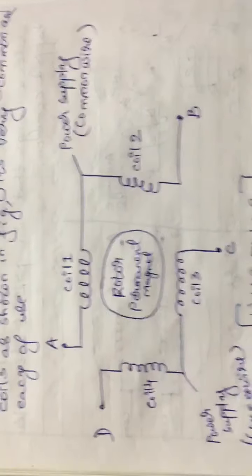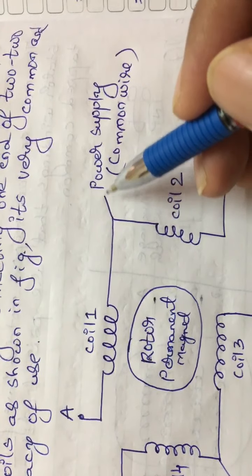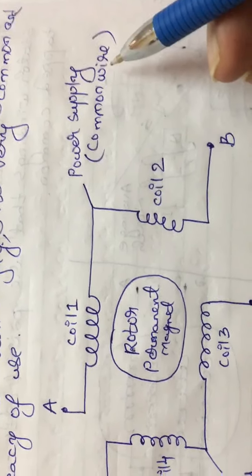Here there will be a rotor, that is a permanent magnet, and coil 1, coil 2, coil 3, coil 4 will be the coils surrounding this rotor magnet. Here what happens is the A coil is connected to the B coil, and one more wire is taken outside, that is the power supply, the common wire.